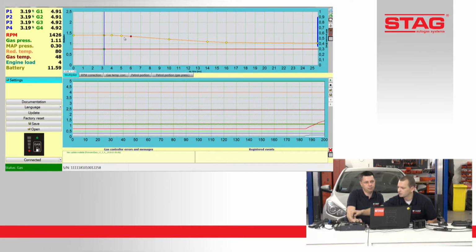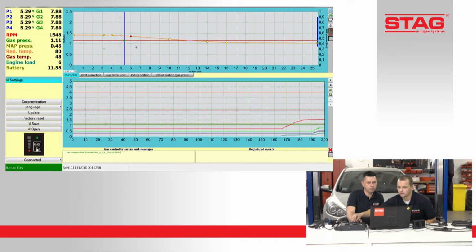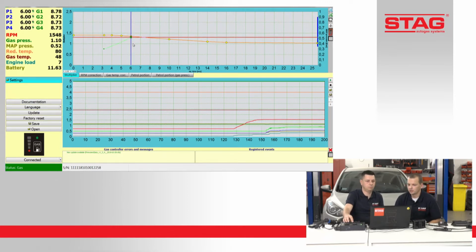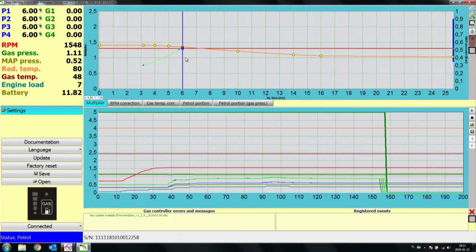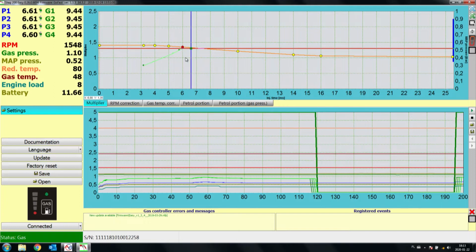Let's put RPM and the injection time. So we go on the road and keep our foot on the accelerator pedal. The petrol injection time is still the same, it's constant. Let's say we check on 6 milliseconds. Then we change to gas and look what is happening.